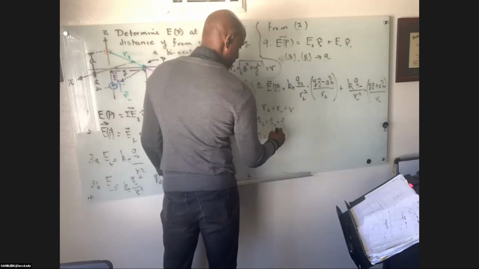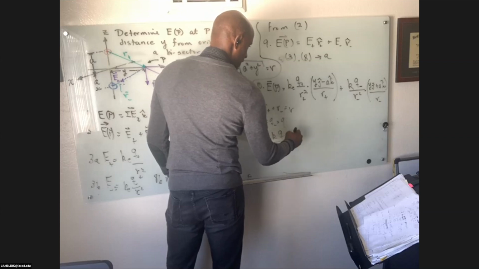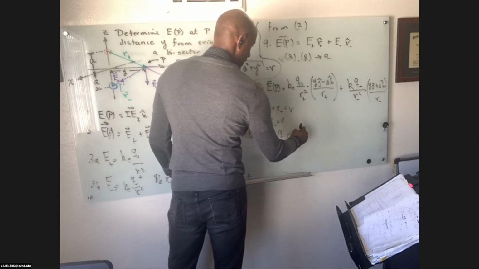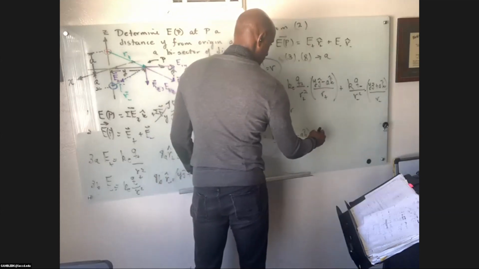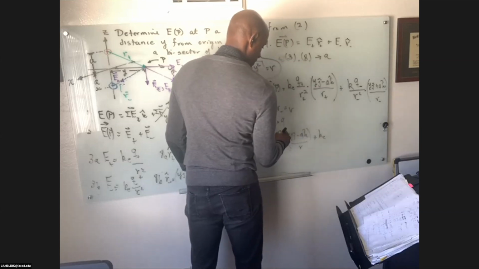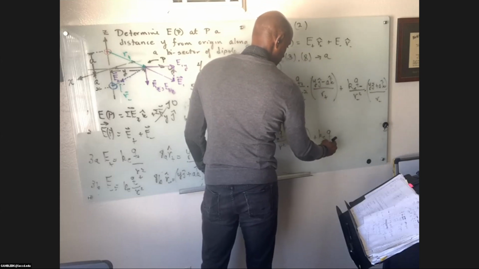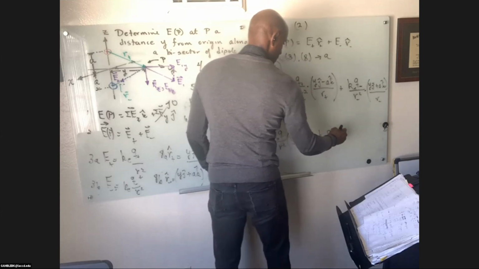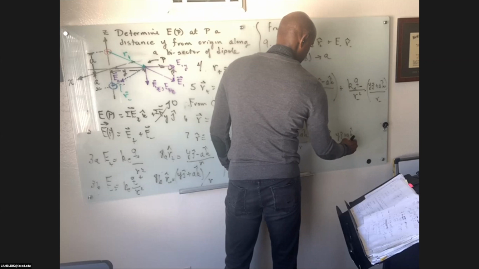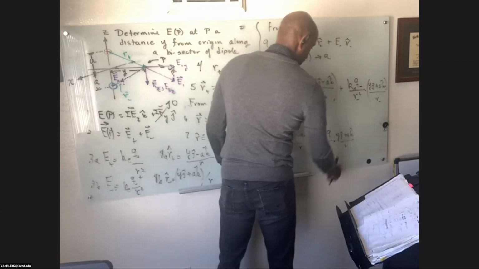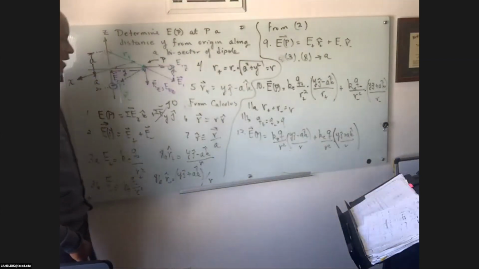So we have K sub B Q over R squared times y j hat minus a k hat, it's j hat, not just j, over R, plus K sub B Q over R squared times y j hat plus a k hat over R. Okay.